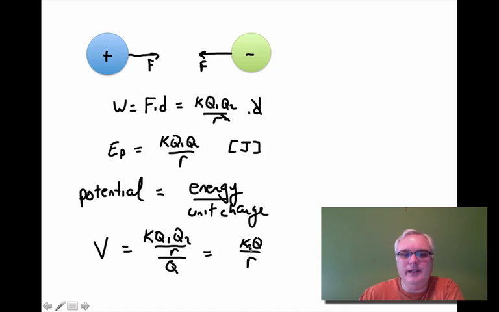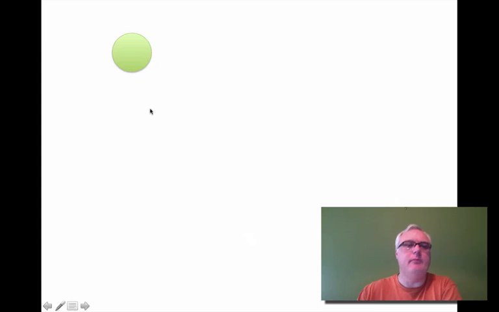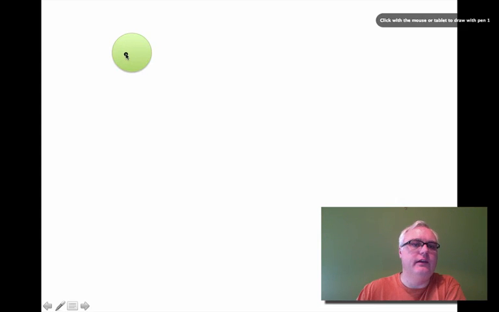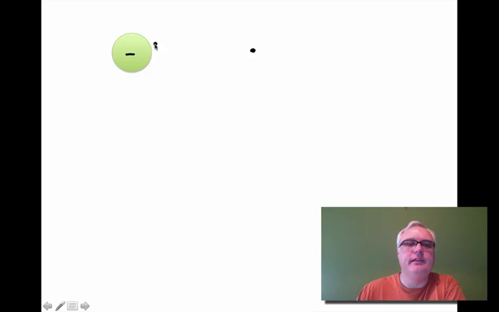So this tells me how much energy another Coulomb of charge would have if I placed it a distance r from a charge. So for example, here is a single charge. And if I put a Coulomb of charge here, which is a distance r away, that Coulomb of charge there would have a certain amount of potential.